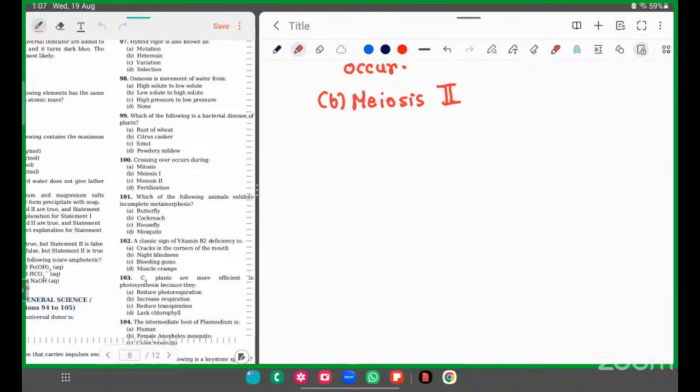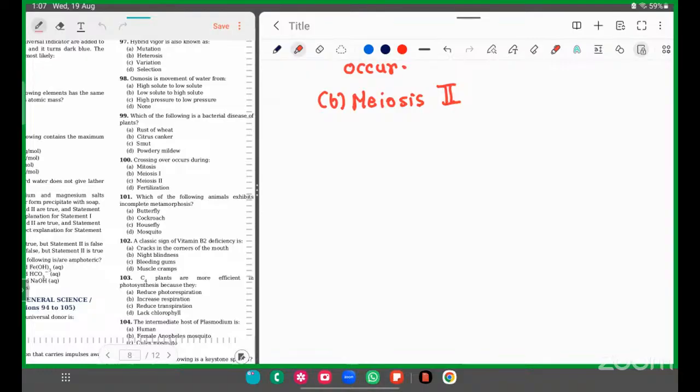It is a life cycle which features development from an egg. Incomplete metamorphosis occurs in cockroach.